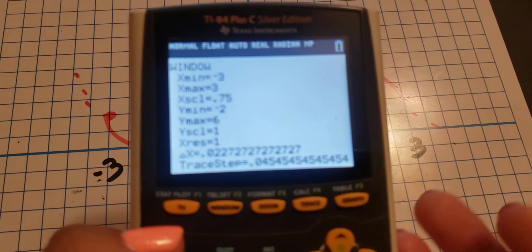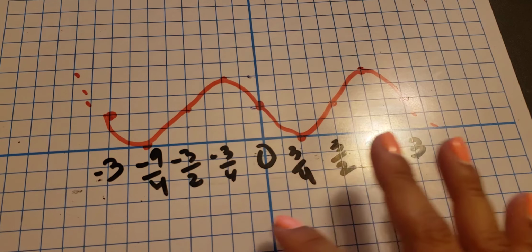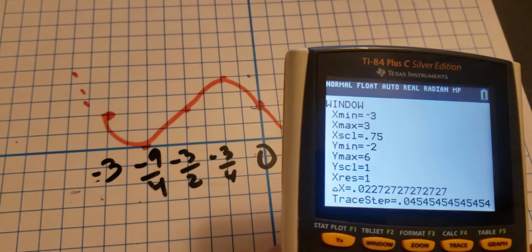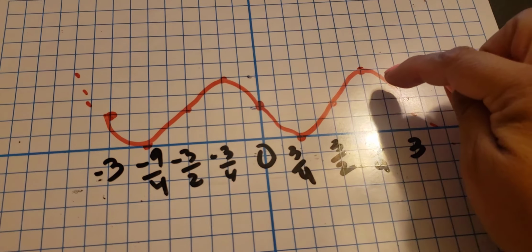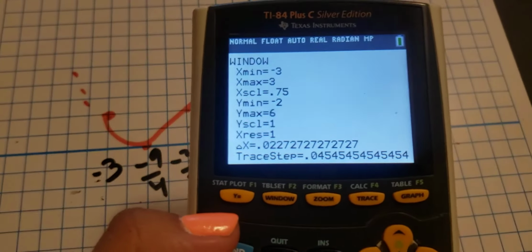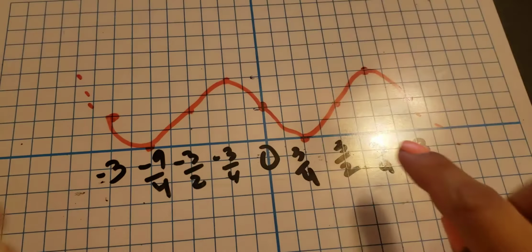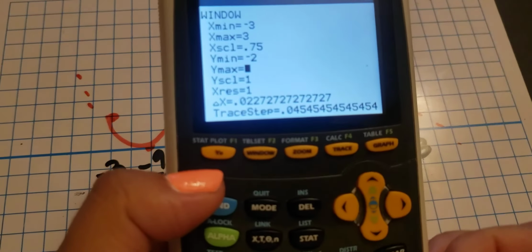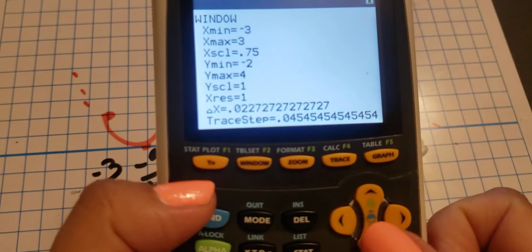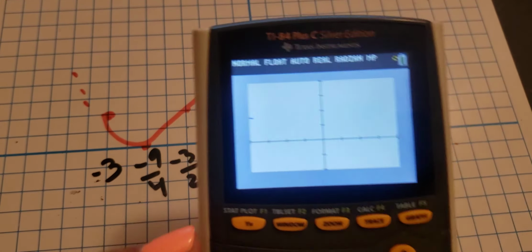That's the same as 3/4. Our y minimum, I'm going to go ahead and include -2. And then we don't need to go as high as 6. We know our highest value is 2. So I'll just do 4. Now graph.